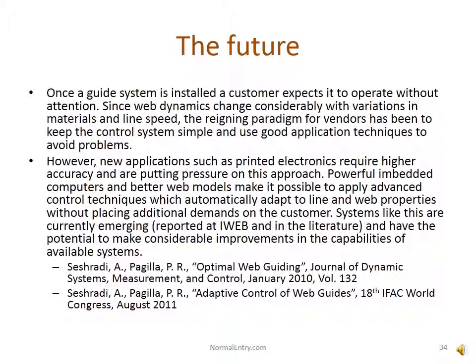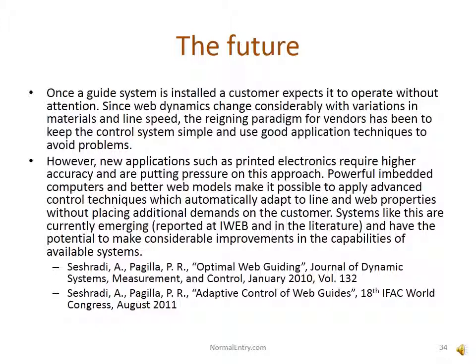A few comments about the future of web guiding. Once a guide system is installed, a customer expects it to operate without attention. And since web dynamics change considerably with variations in materials and line speed, the reigning paradigm for vendors has been to keep the control system simple and use good application techniques to avoid problems.